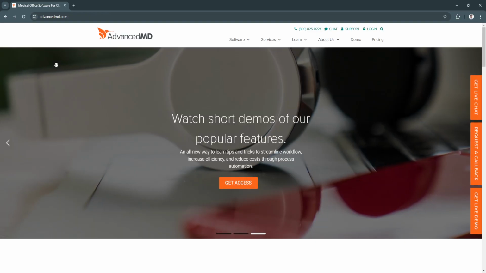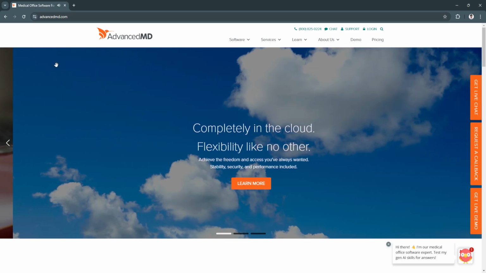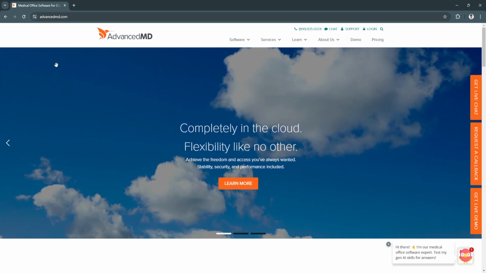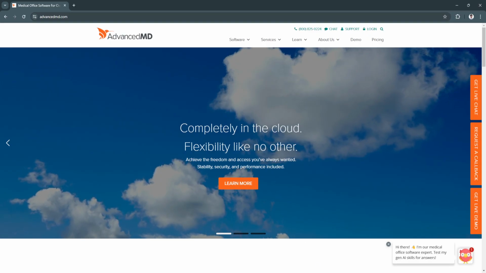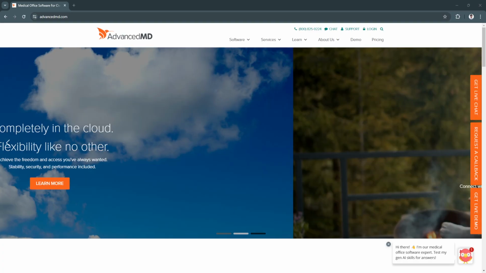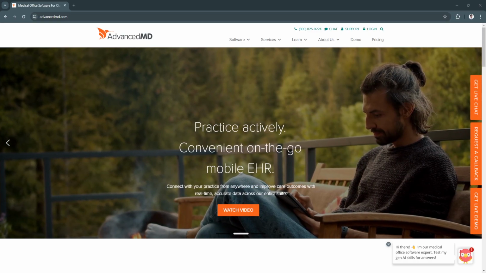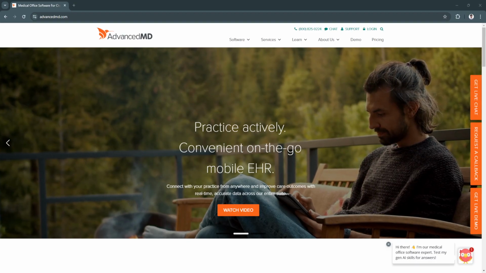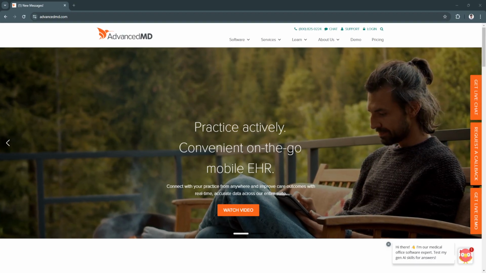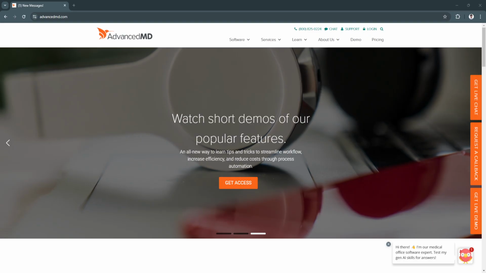So, AdvancedMD's integration of EHR, PM, and telemedicine capabilities provides an all-in-one solution that can be tailored to the unique needs of different practices. By automating and streamlining complex processes, it helps reduce administrative tasks and ensure compliance with healthcare regulations.